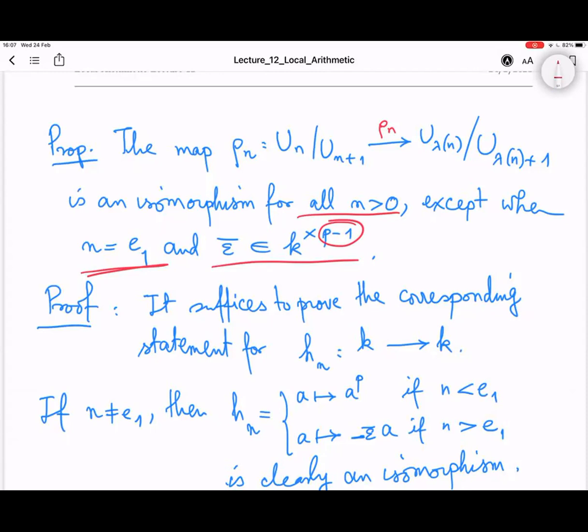Of course, this epsilon was defined as minus p equals epsilon times pi to the e. That's how epsilon was defined.